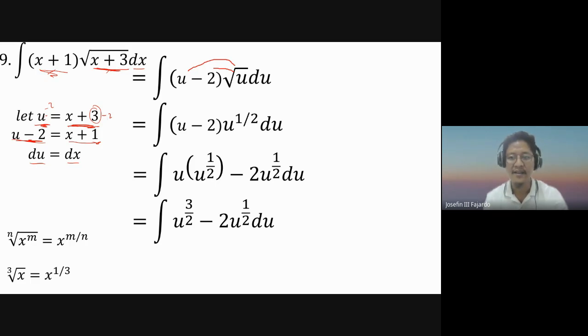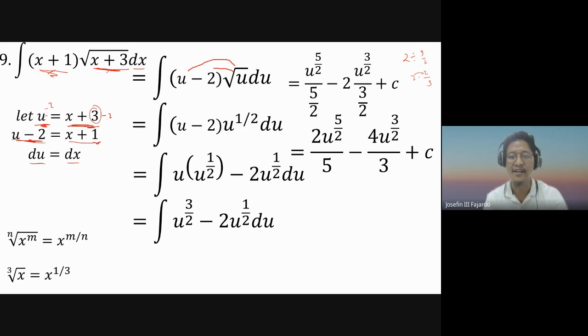And then similarly, yung 2 divided by 3 halves, magiging 2 times 2/3 yan, di ba? Kaya magiging 2 times 2, magiging 4/3.